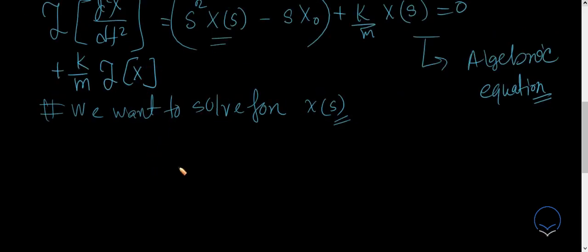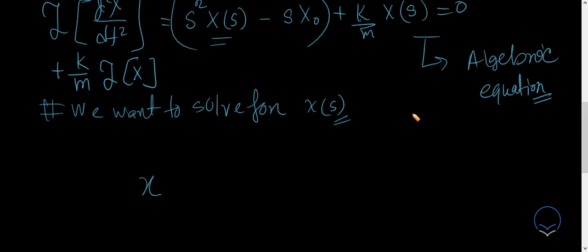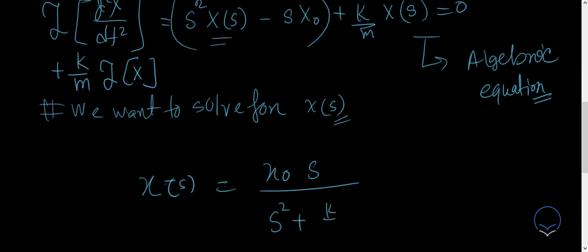And now we want to solve for x of s. If you solve for x of s, this is pretty easy because it's just a matter of pushing things to the right hand side and solving for x of s. This will just be something like this. X of s will be x0 times s divided by s squared plus k by m.